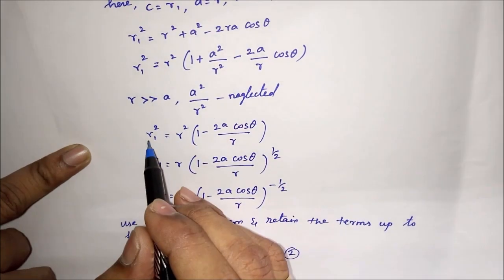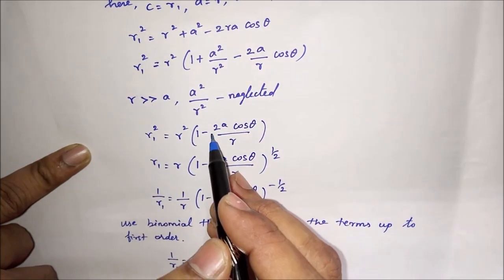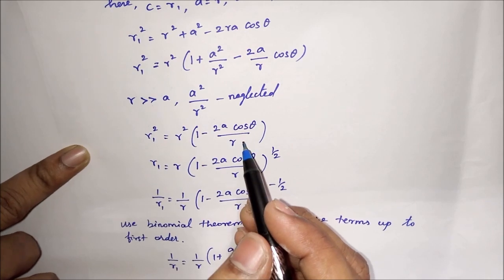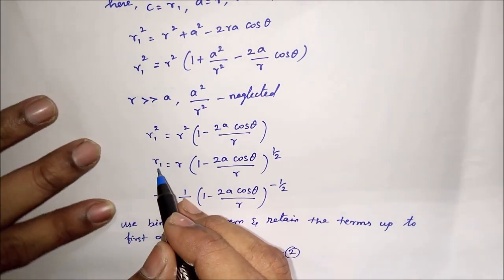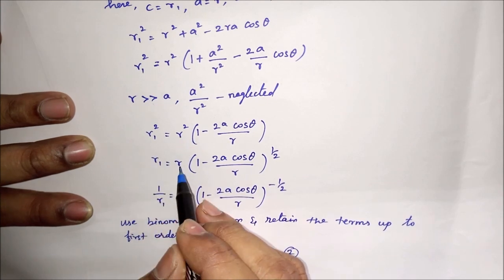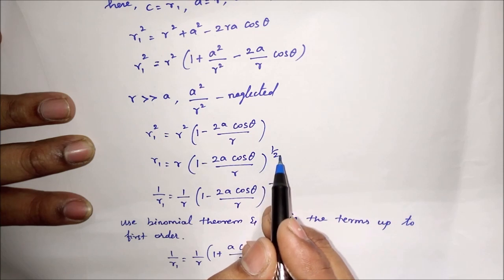Then we have r1 squared equals r squared times 1 minus 2a cos theta divided by r. Next, take the square root on both sides: r1 equals r times 1 minus 2a cos theta divided by r, to the power 1 by 2.